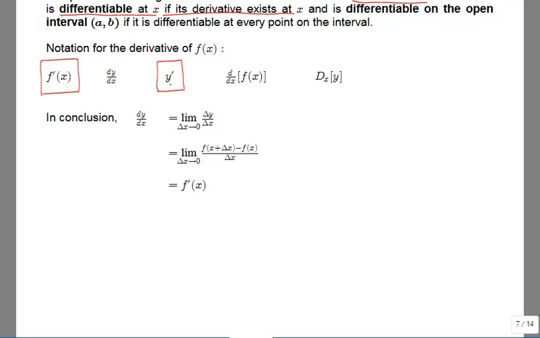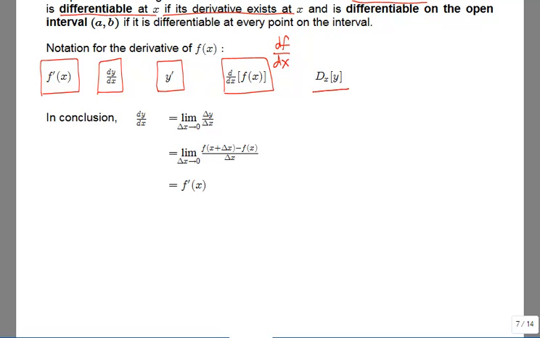So those are equivalent. Now you might see this notation as well, and this is pretty common, dy over dx or df over dx. This could also be written as d over dx of the function, or df over dx as well. So those are more common as well. I'll talk about those a little bit more in just a second.